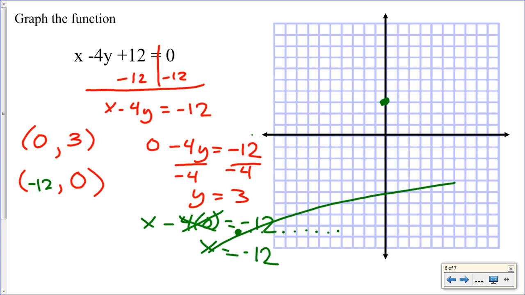So 10, 11, 12, my dot was about right there, right? Oh, that's better. And again, you should be using a ruler to help you draw so your lines are straight. So that's how you graph a line in standard form using x and y intercepts.